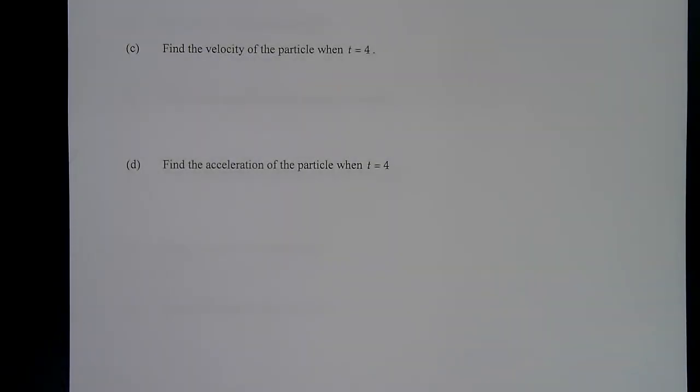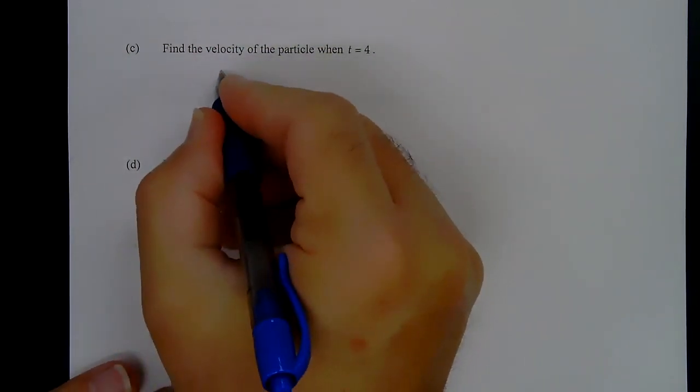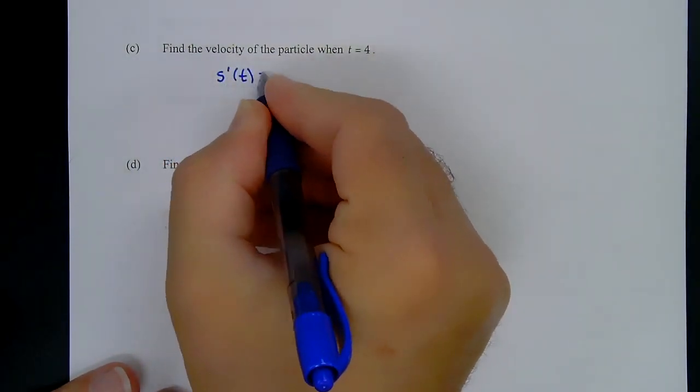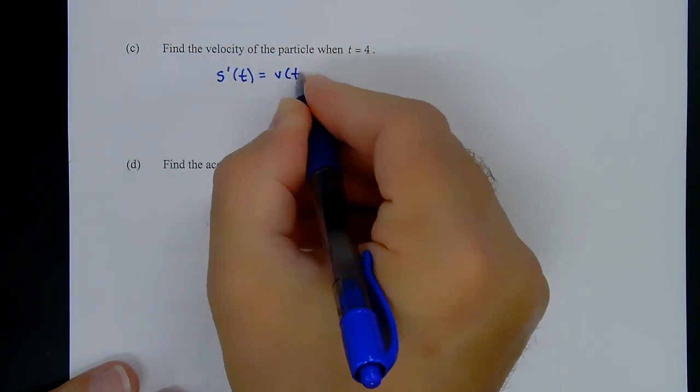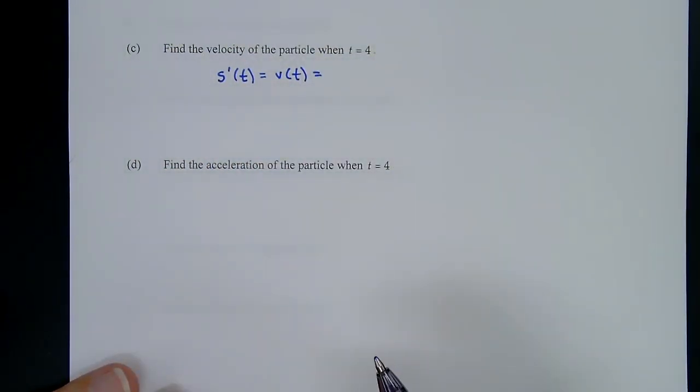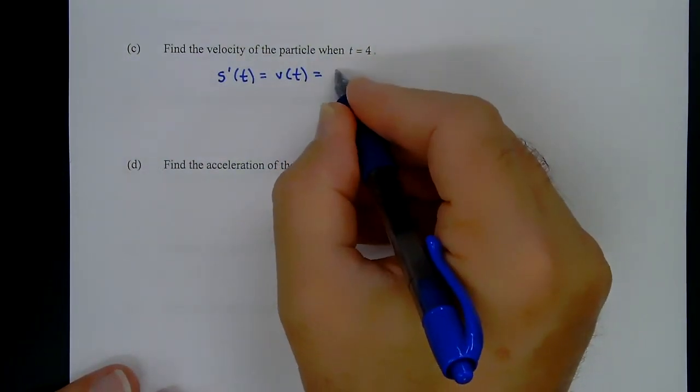So the next question is this: find the velocity of the particle. When they say velocity, that means the instantaneous velocity at exactly 1 moment in time at 4 seconds. So that would mean we need to find s prime of t, which is v of t. If we take the derivative of the position function, we would wind up with 2t minus 4.